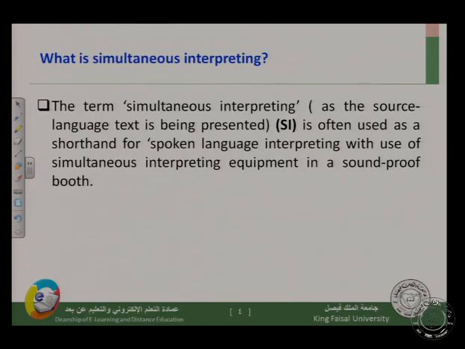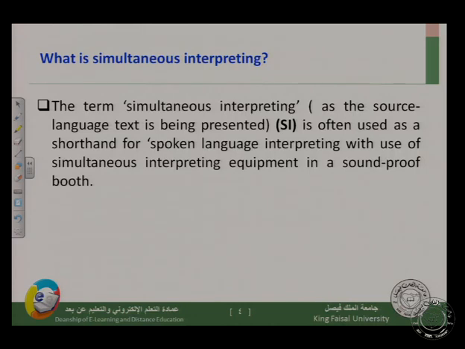And when you are doing simultaneous interpreting, normally you see a sound booth, or a small group, with headphones.